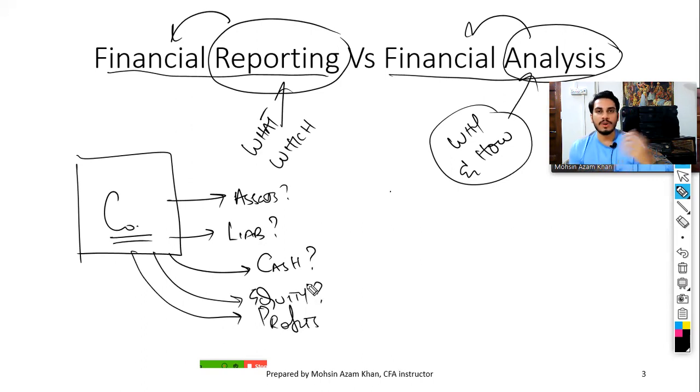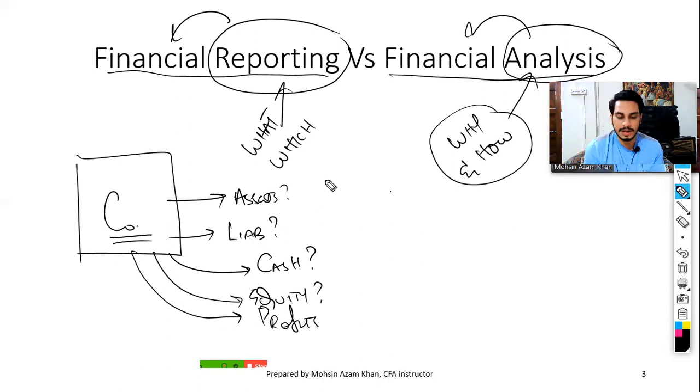Obviously I will not be knocking on the door of the company and calling them to ask all this. I would want the company to report that to me, because I'm the investor. I want to invest and I want to know the company's financial position and financial performance. Hence, I want the company to report that to me.